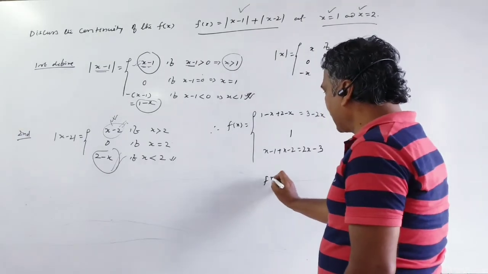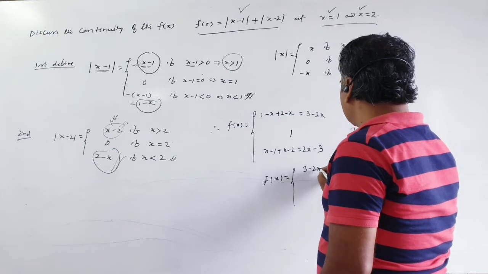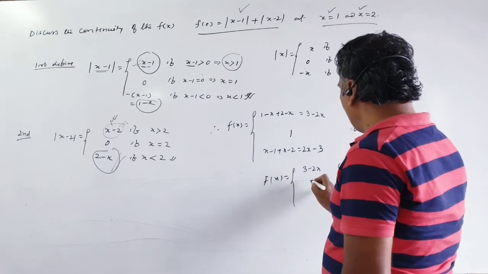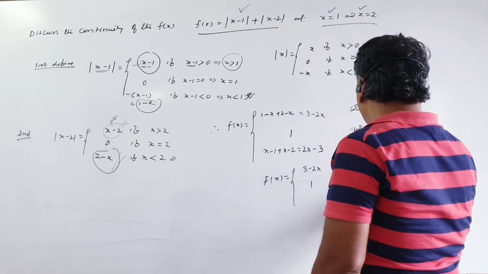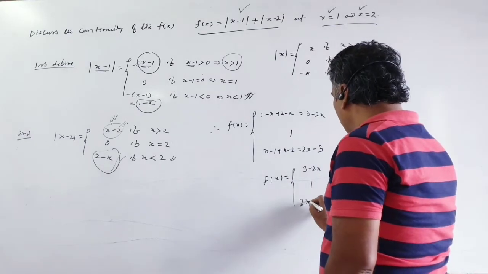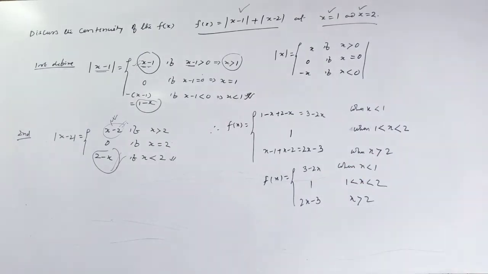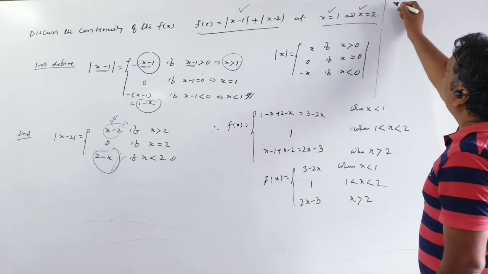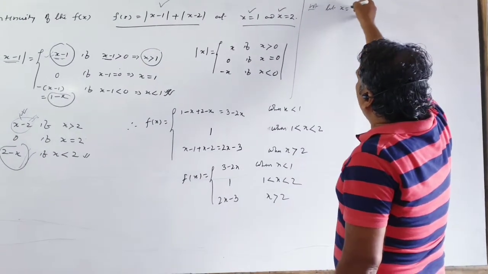So f of x becomes 3 minus 2x when x is less than 1, 1 when 1 is less than x less than 2, and 2x minus 3 when x is greater than 2. Then use the limit formula. Now first let x equal to 1.